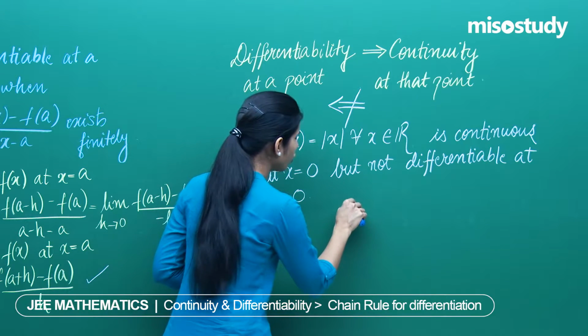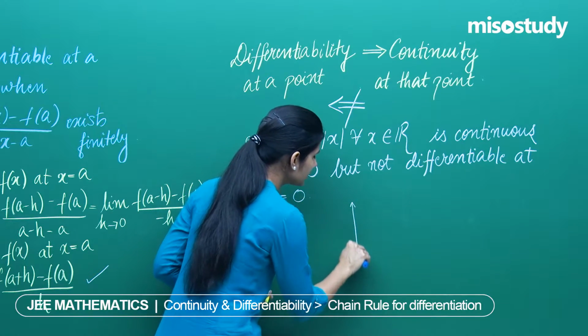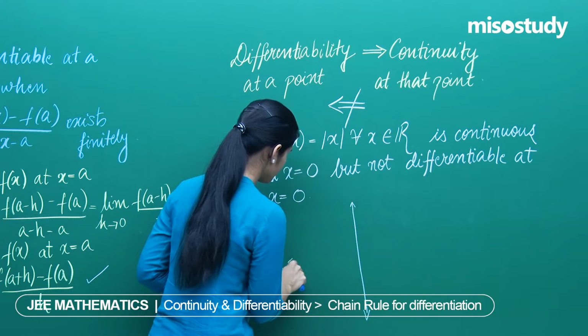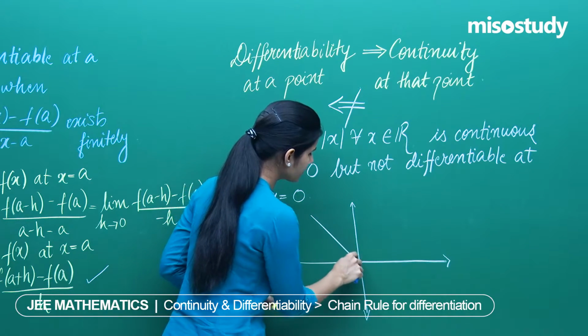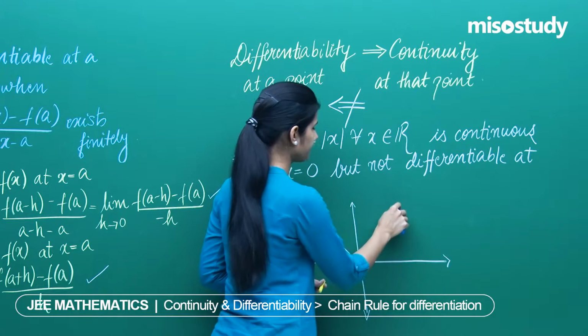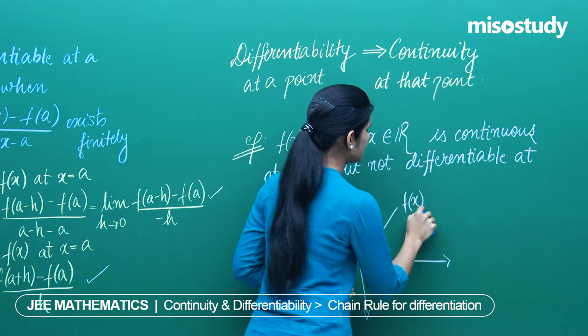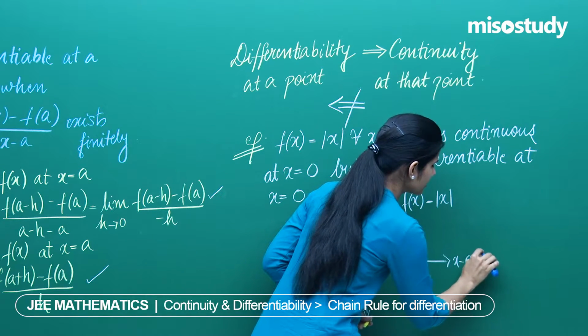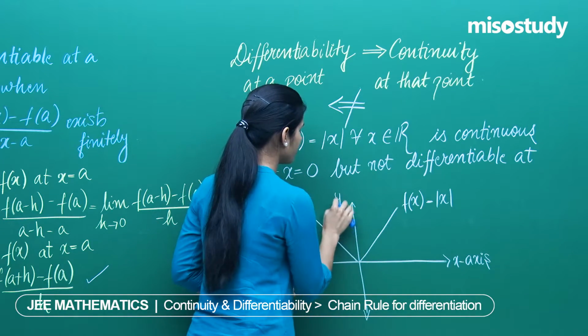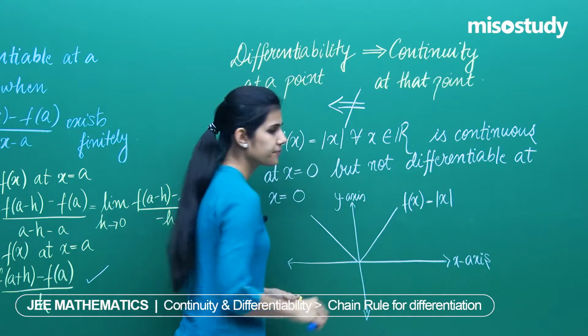If I make you recall the graph of the modulus function, the graph of the modulus function was like this. This is the graph of f(x) equals mod x, where this is your x-axis and this is your y-axis. Fine.